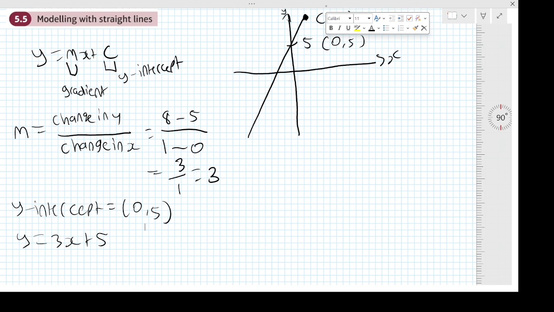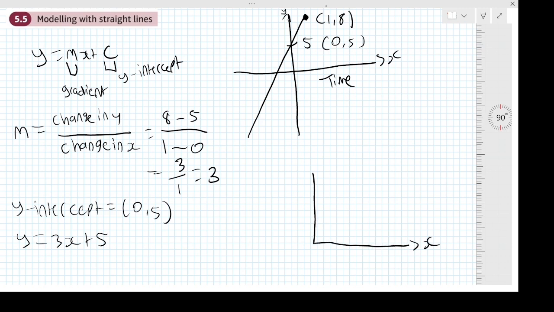these sort of ideas, the gradient and the equation, they have real life meanings. So let's take as an example that x is time on the x-axis, but time is positive, so we're only interested when x is positive in that case. And say y is now the population number.